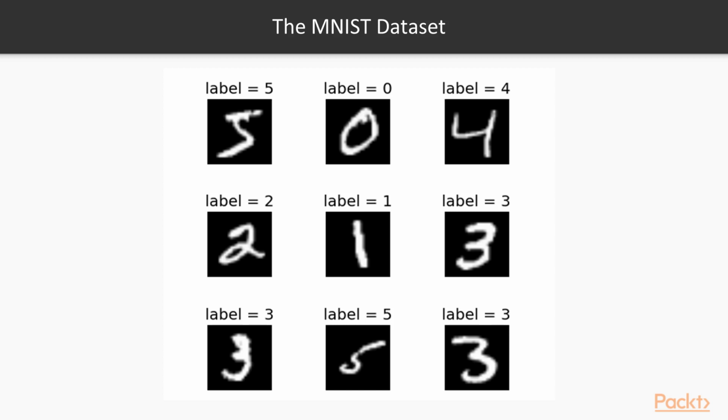So as you can see, for every handwritten digit you have the corresponding true label, so we can use this dataset to build classification models. So we can use the image to classify it into one of the 10 digits from 0 to 9. So now we are going to do this with TensorFlow and deep learning. So let's go to the Jupyter notebook.